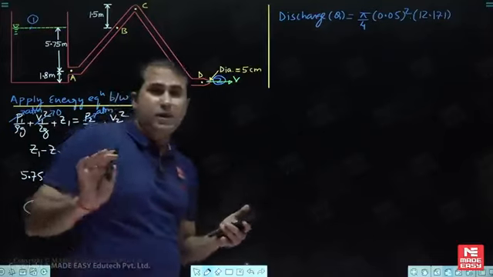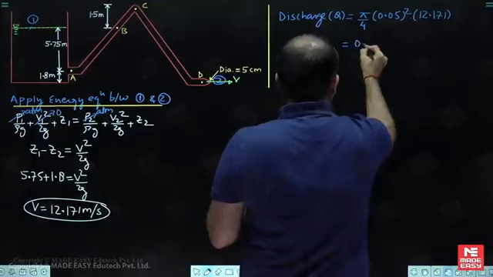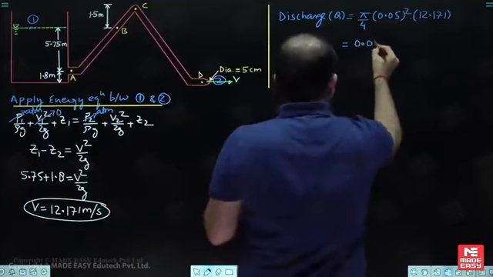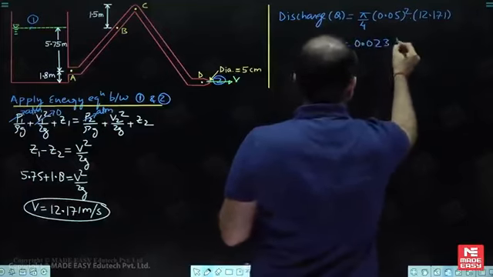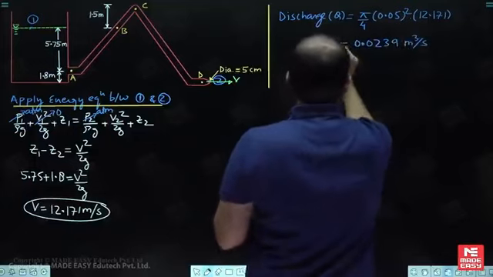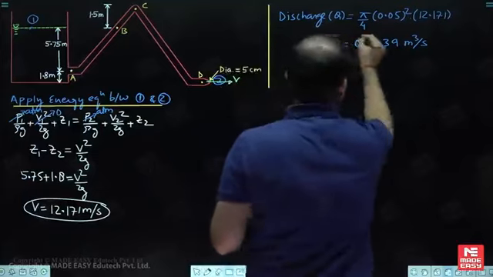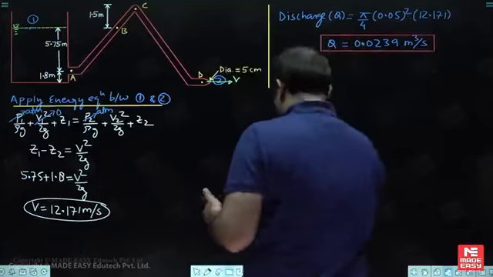So my dear, it is coming as 0.02389, rounded off, meter cube per second. So this is your answer here. One of the answers is this.